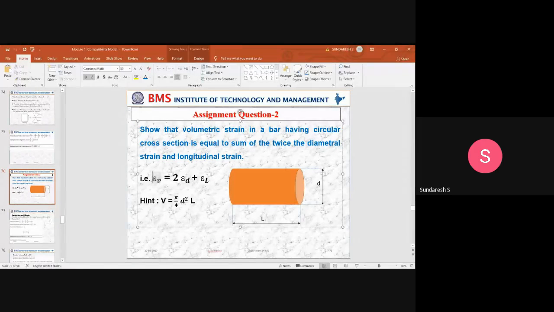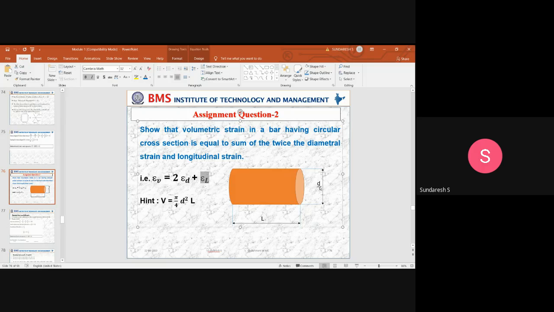So this is the mathematical expression we are supposed to get: epsilon V, which is the volumetric strain, is equal to 2 times epsilon D, which corresponds to the diametral strain, plus the longitudinal strain. So this is the circular bar having a length L and a diameter small d.